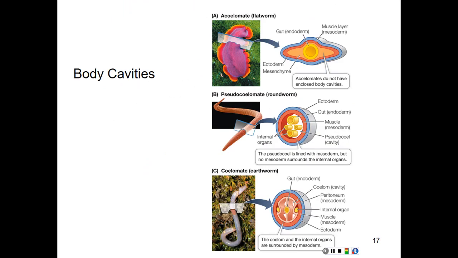So another feature I want to talk about is body cavities. A body cavity is also known as a coelom, which is a fluid-filled area between the digestive tract and outer body wall.